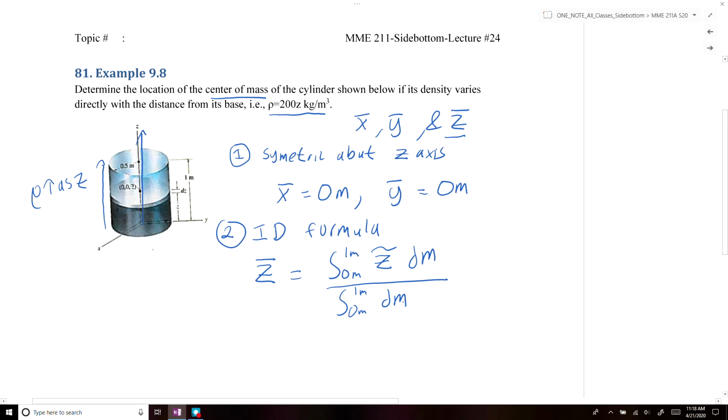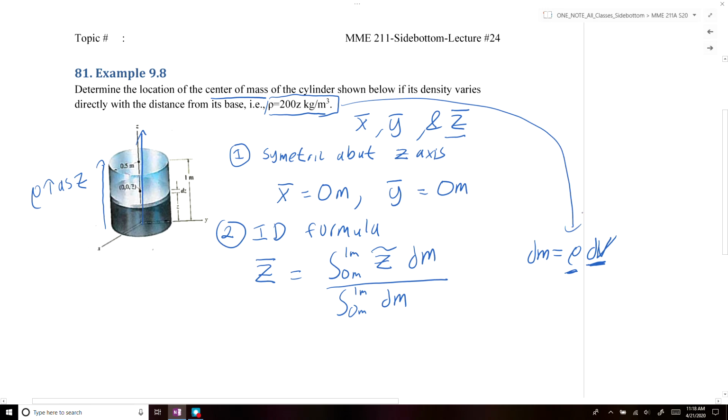All right, so we know that dm is equal to rho dv. So we need to figure out what dv is, and we were given rho in our problem statement.